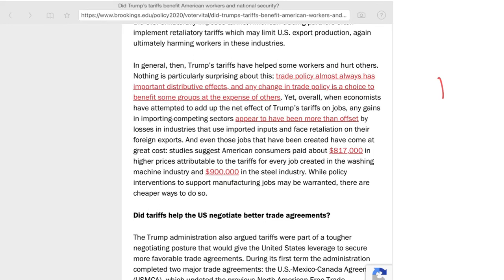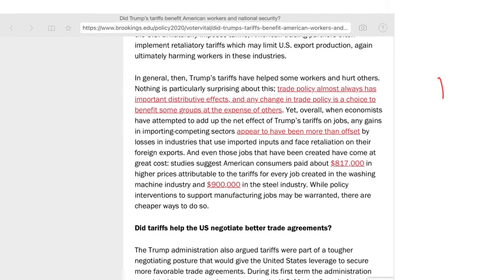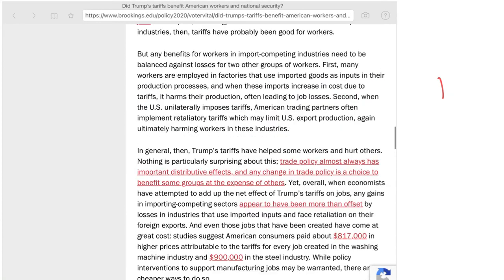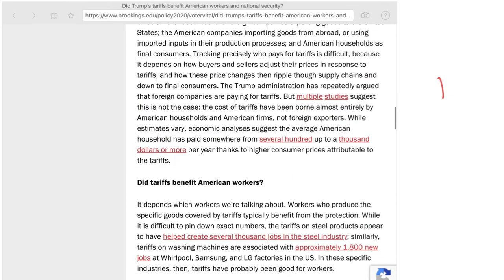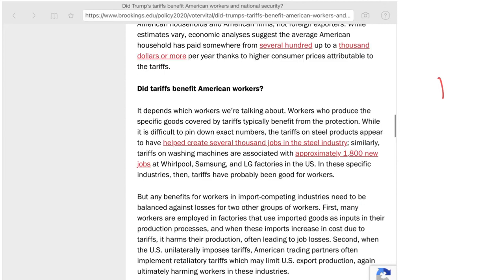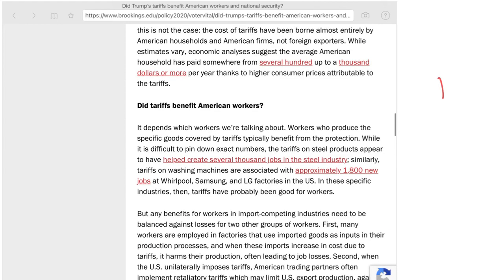And what this says, if you have a look at this article, starts here, did the tariffs benefit American workers? Okay, and already you can see that what it's saying is that American households have paid several hundred up to $1,000 more because of the higher consumer prices. So that's something that we saw in the analysis video, that real incomes are going to go down.